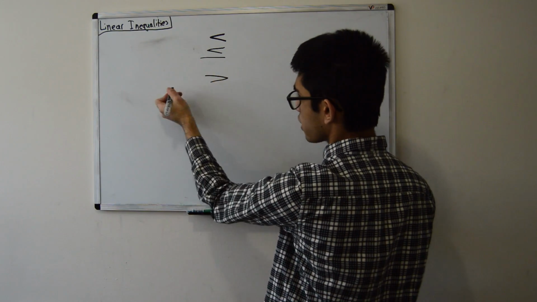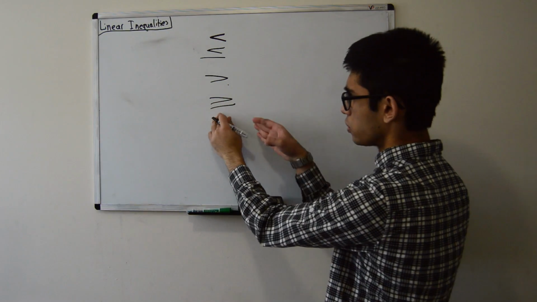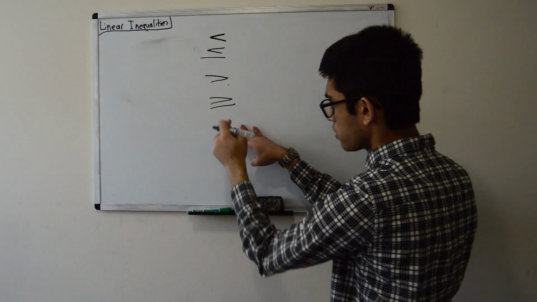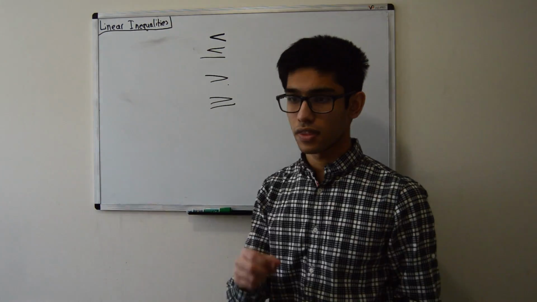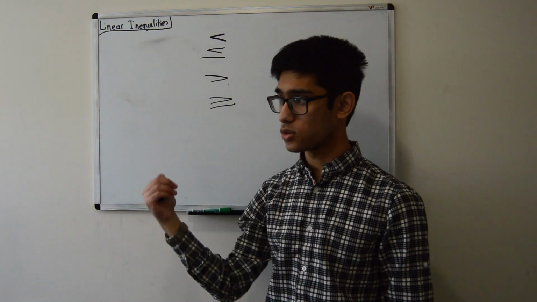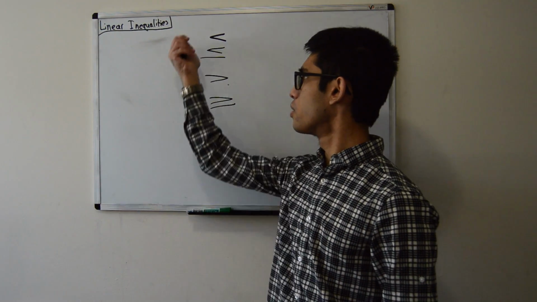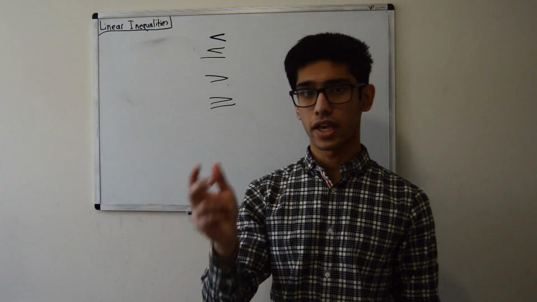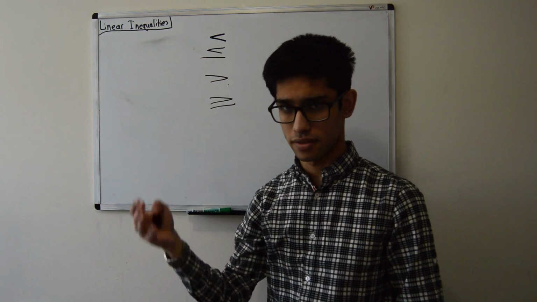This is greater than, and this is greater than or equal to, because that little sign right there just means greater than or equal to. So basically, instead of equal signs, what we have are these signs right over here, and this is the definition of an inequality. If you want to think intuitively about an inequality, you would think of it as these signs instead.